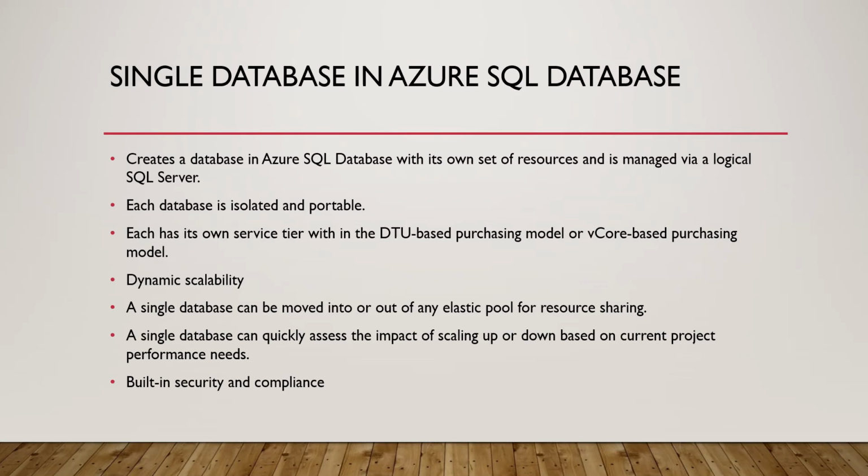A single database also has flexibility: it can be moved into or out of an elastic pool for resource sharing. For many businesses and applications, being able to create single databases and dial performance up or down on demand is enough, especially if usage patterns are relatively predictable.